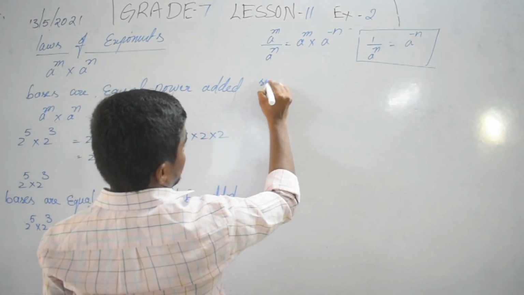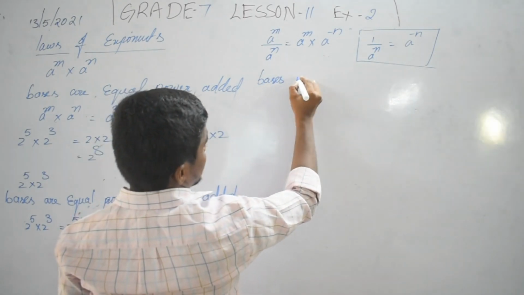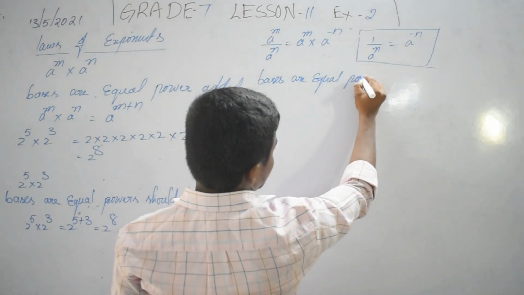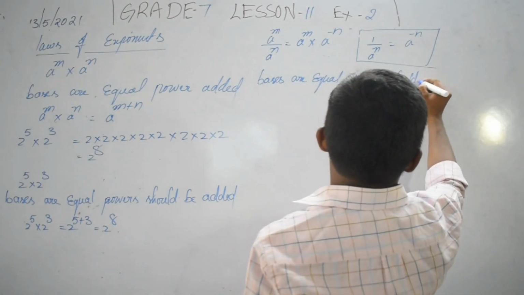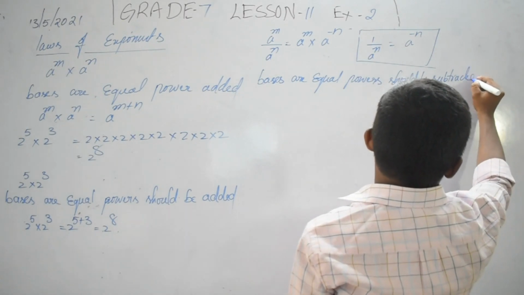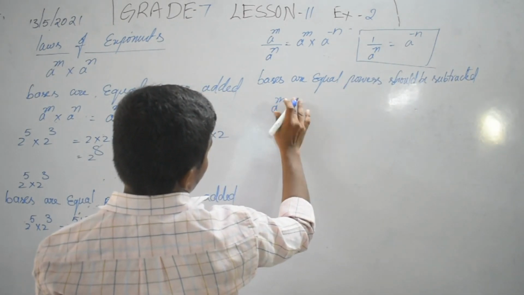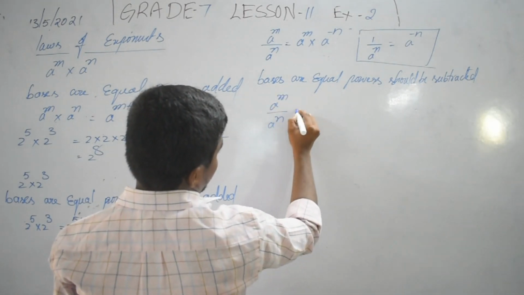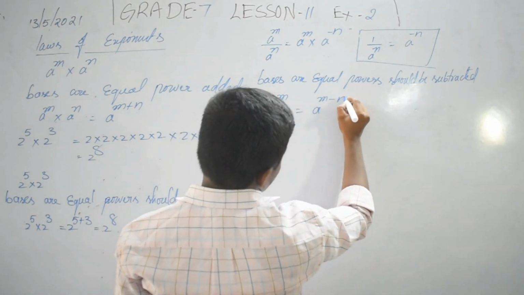The bases are equal, and the powers should be subtracted. So a power m by a power n equals a power m minus n.